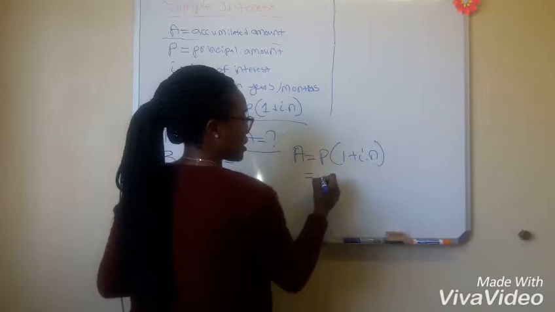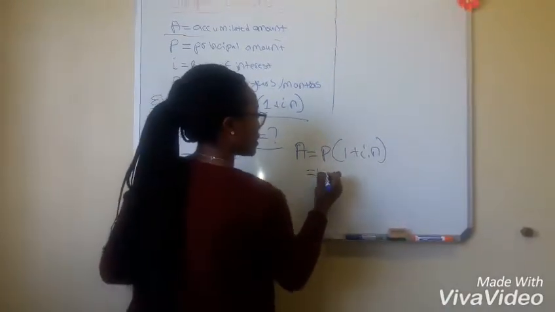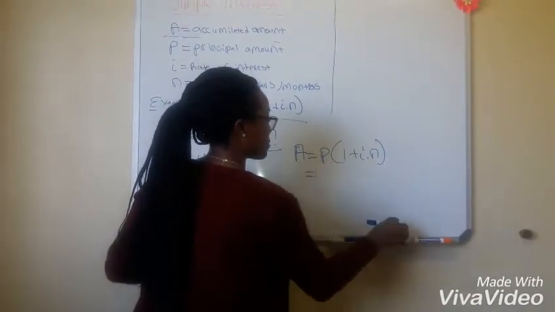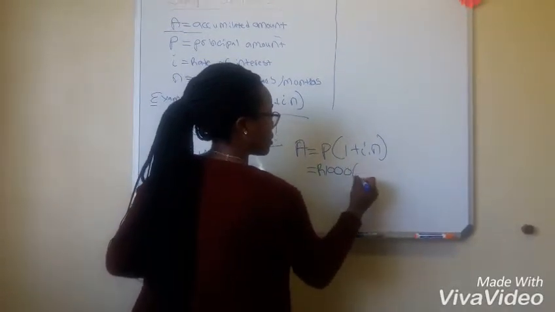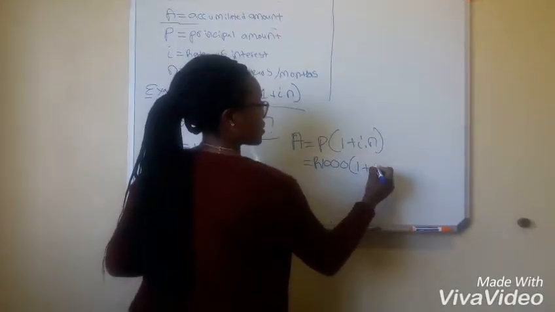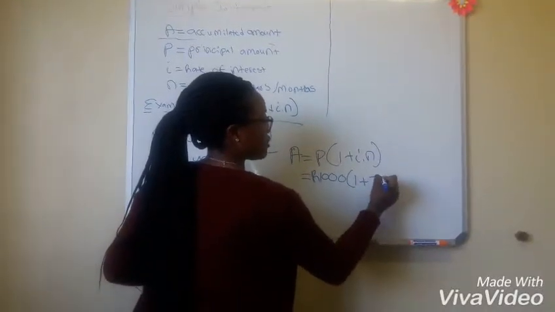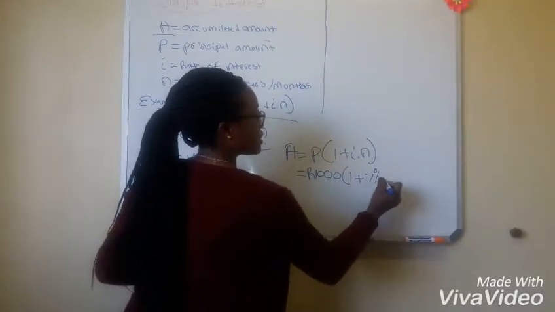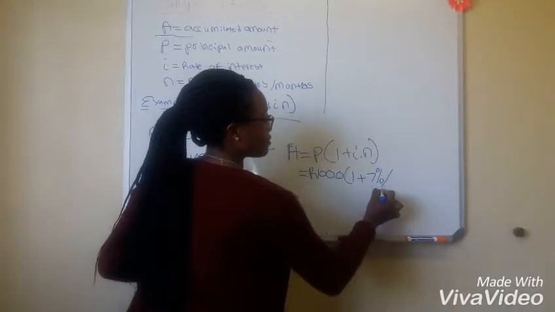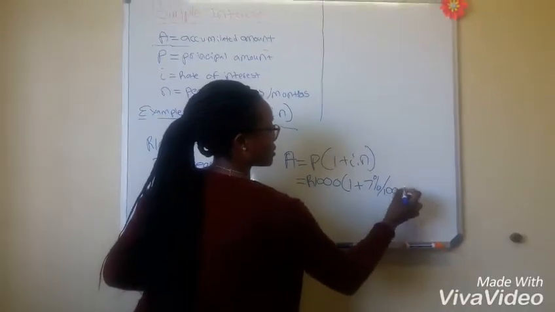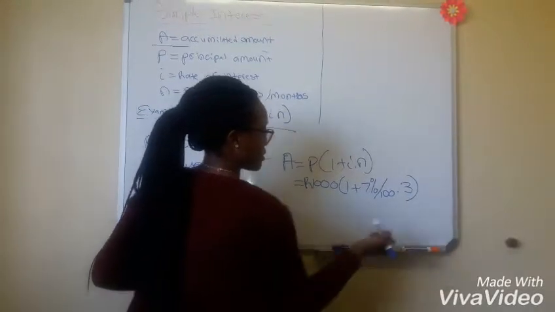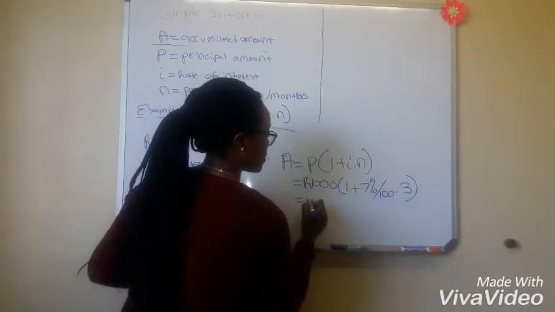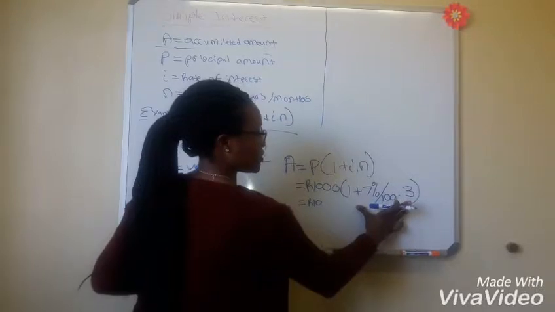So here we are given 1,000 rands into 1 plus an interest of 7%. You have to divide this by 100, and then you also have a period of 3 years. The first thing you're going to do is solve what is inside the brackets.